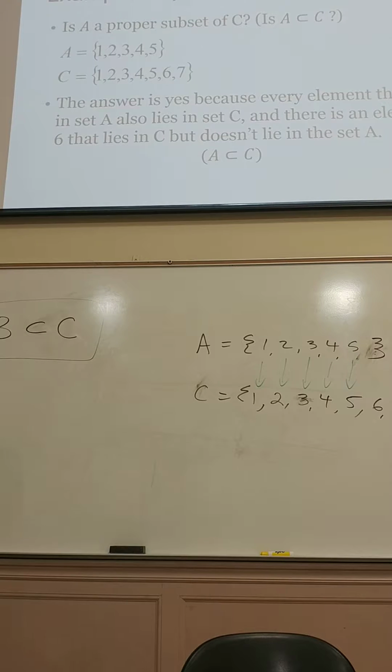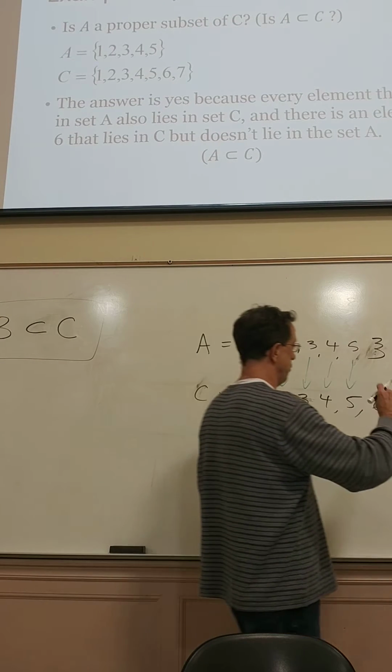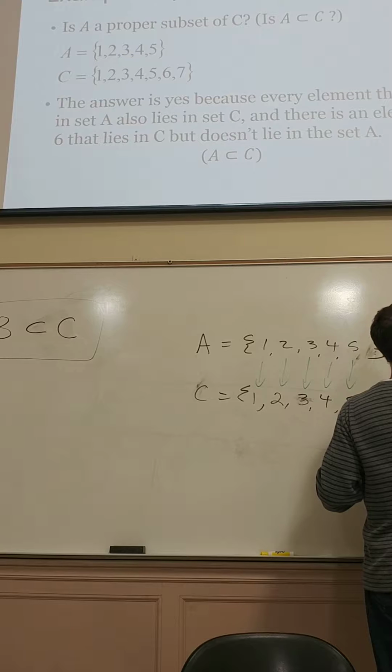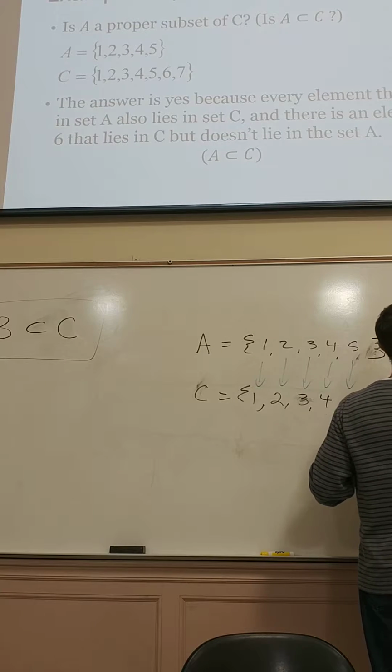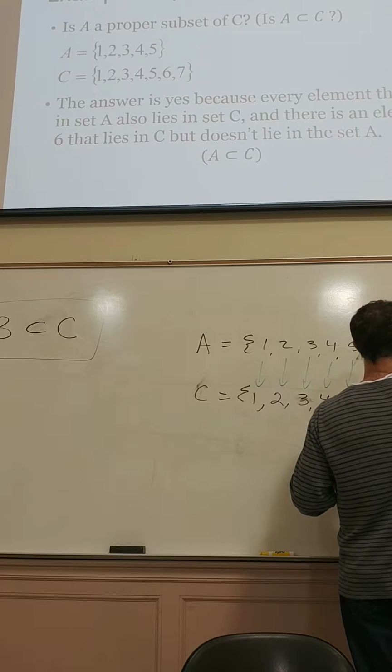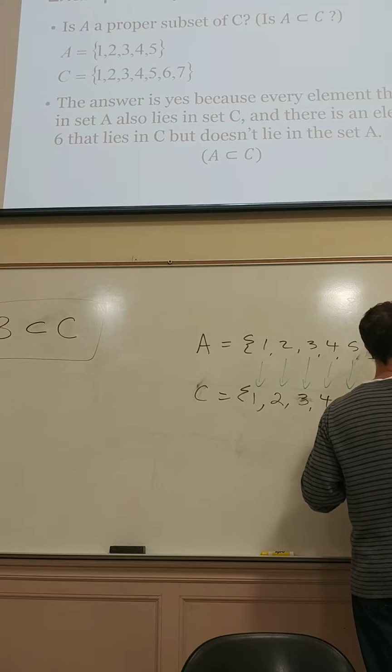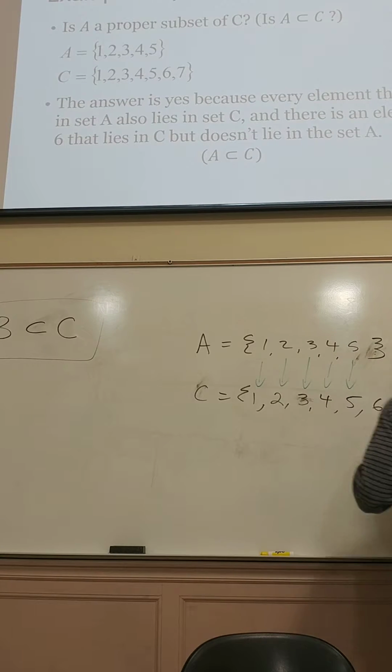One way to make the difference between these two: this is subset, the sideways U with the bar, and proper subset is just the sideways U without the bar.